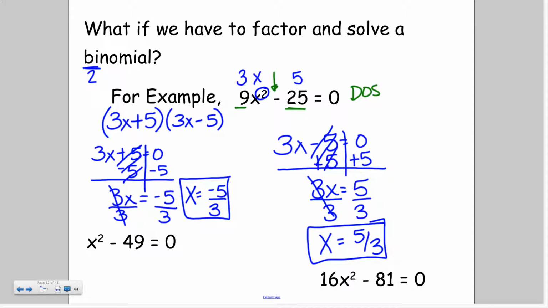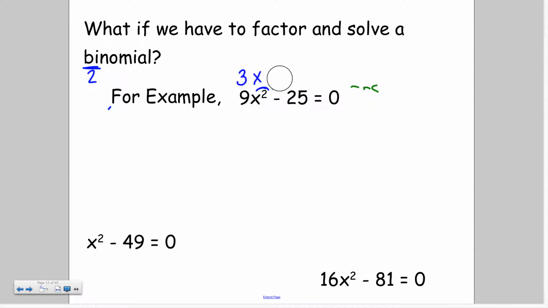Now let's do the x squared minus 49. What I'm going to do is erase this so I have room. You should have room on your paper to do this, so that way you will be set for this. I'm just moving it so you can see.